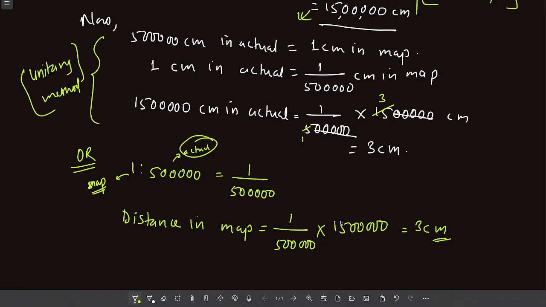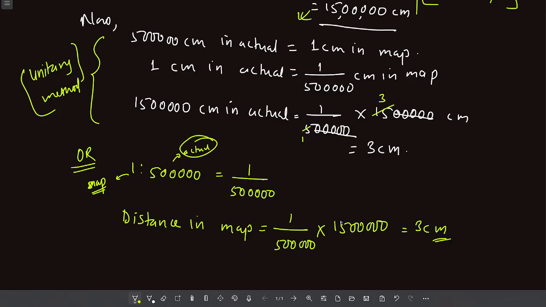The backward value is actual distance, the forward value is map, and 1 over 5 lakhs is the fractional representation of that ratio. Means in the numerator there is 1 which is of map, 5 lakhs in the denominator is actual.